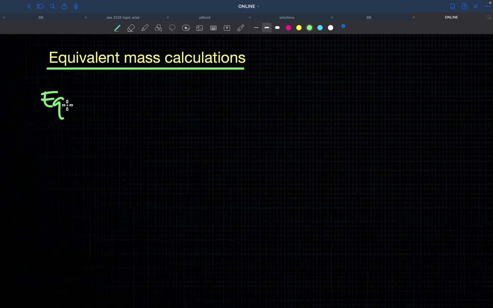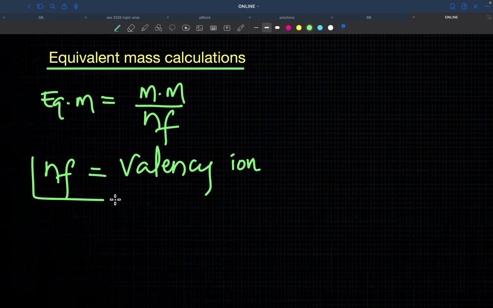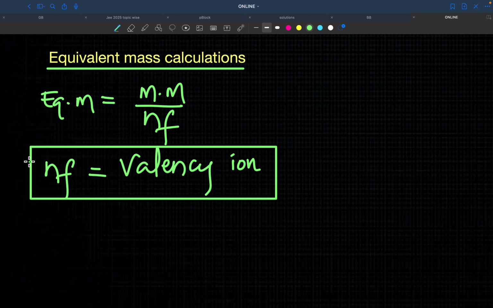Equivalent mass equals molar mass by n factor, and we should know what the n factor is, right? N factor is the valency of the ion. Valency of the ion is nothing but the n factor. We'll see how it happens here.